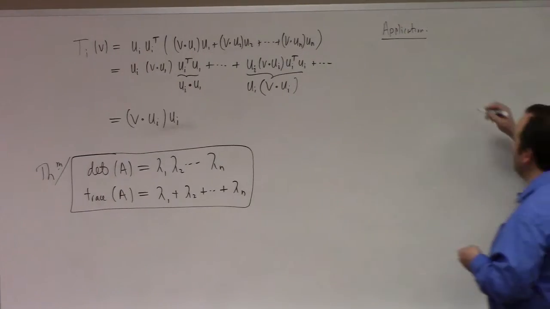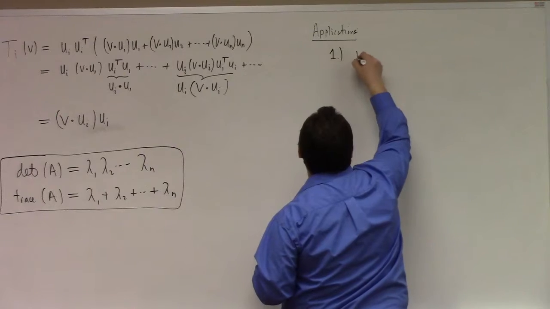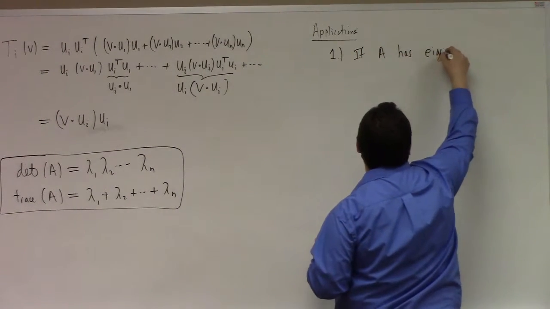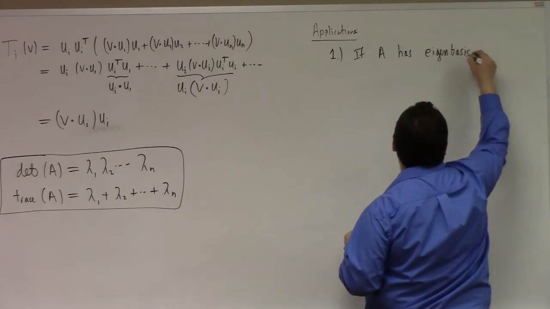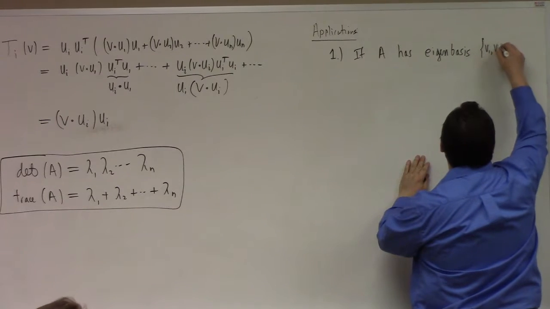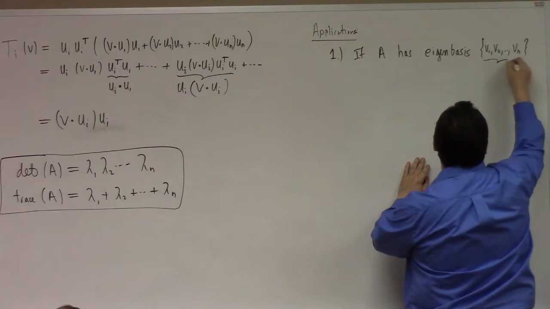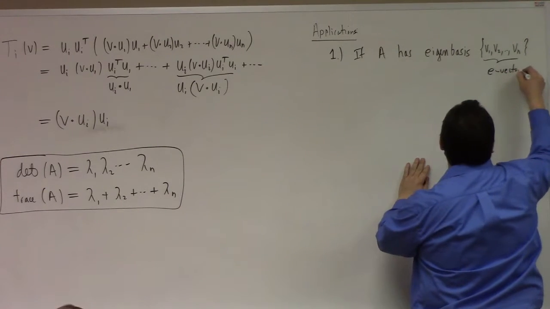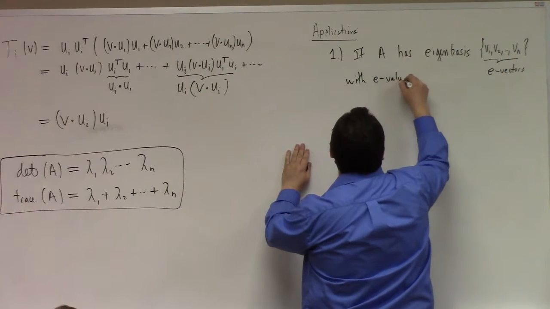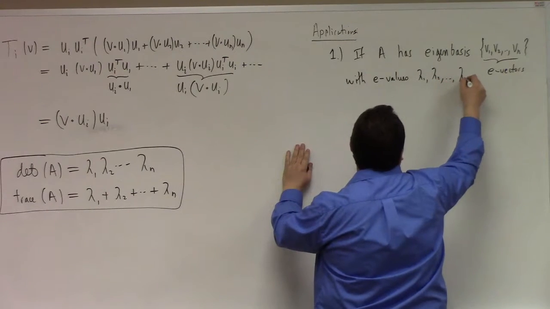Let me just say one of them is this: if A has an eigenbasis, in other words, that means that say v1, v2, ..., vn are all eigenvectors with eigenvalues lambda 1, lambda 2, ..., lambda n.